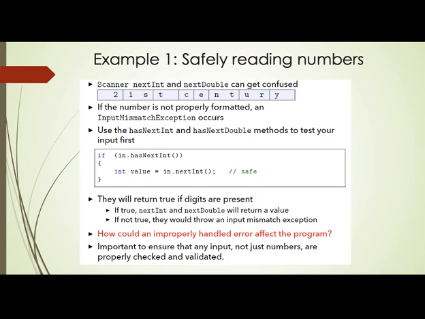If you just blindly grab the next int or next double, those scanners can get confused, because if the number isn't properly formatted, there will be an error. There's nothing to parse. So if it tries to parse 1s as an integer, it will, for obvious reasons, not handle it well, and it will throw an error.